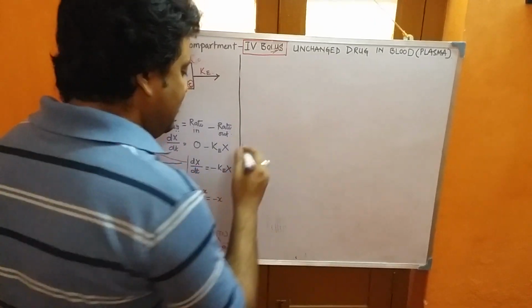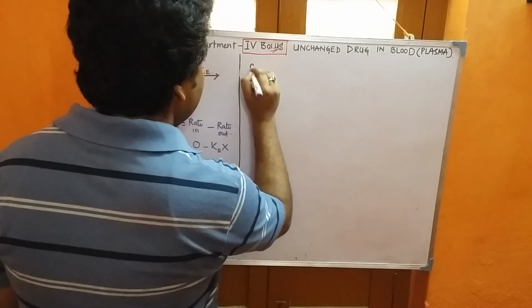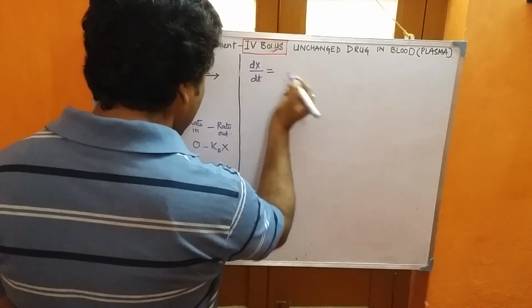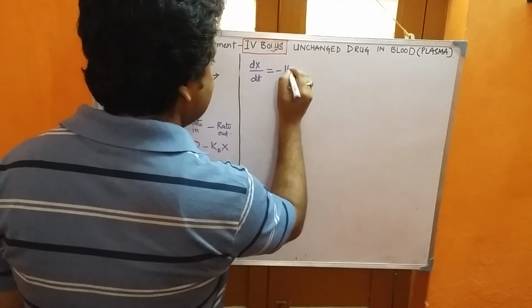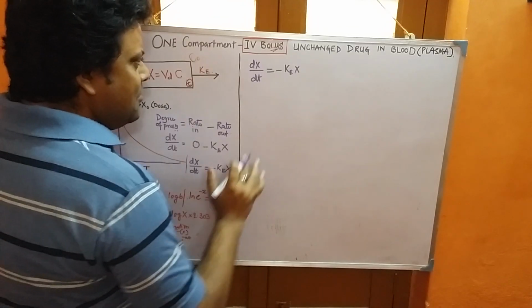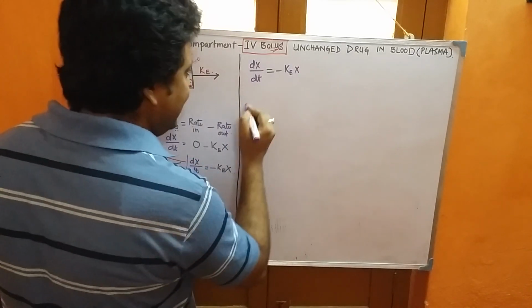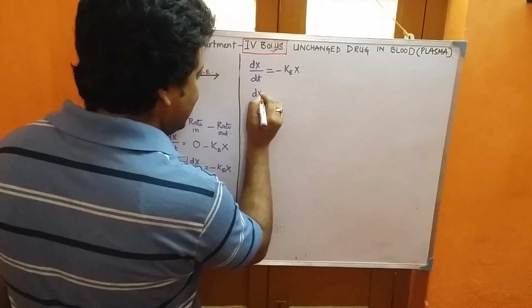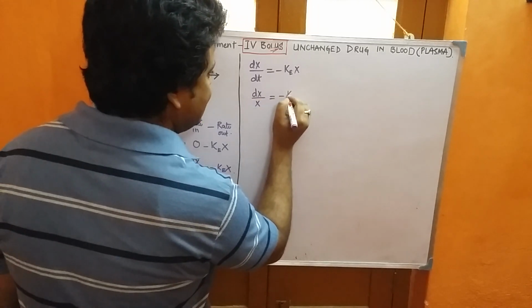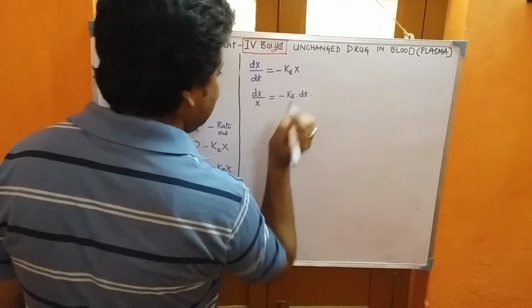So what we have is dx by dt equals minus Ke x. In the next step, I am just rearranging it. It becomes dx by x equals minus Ke dt.